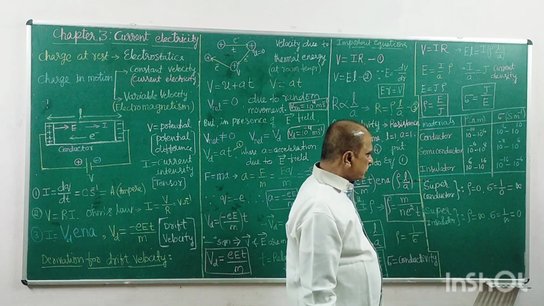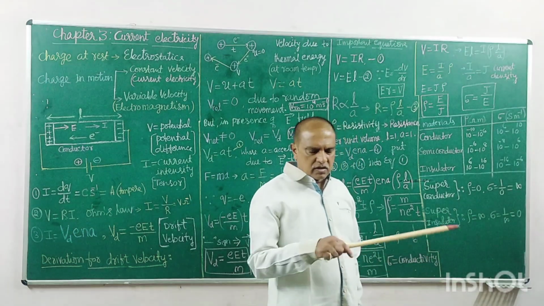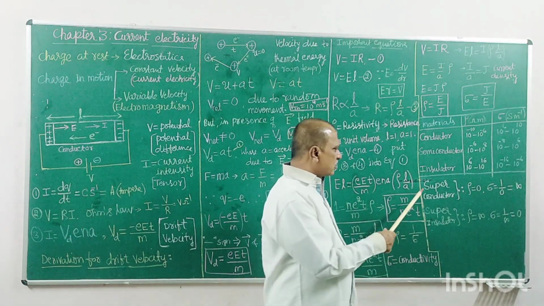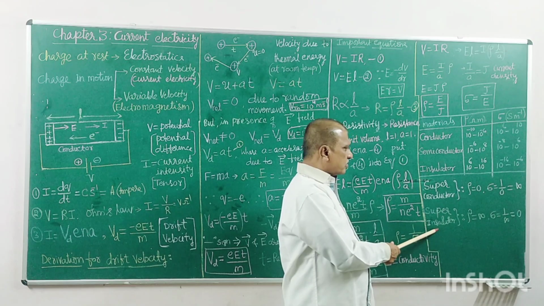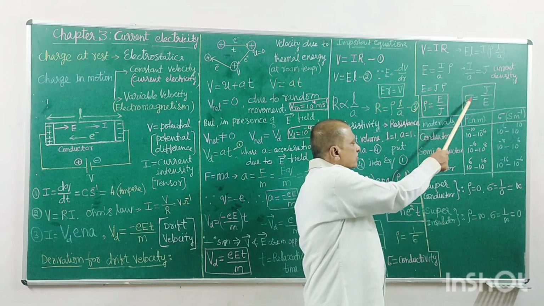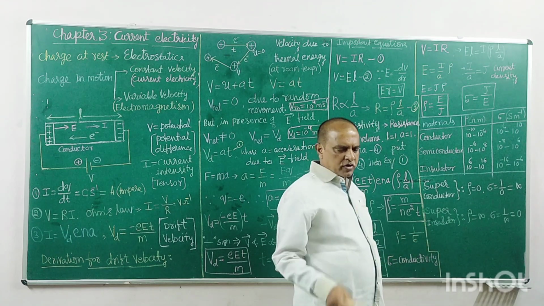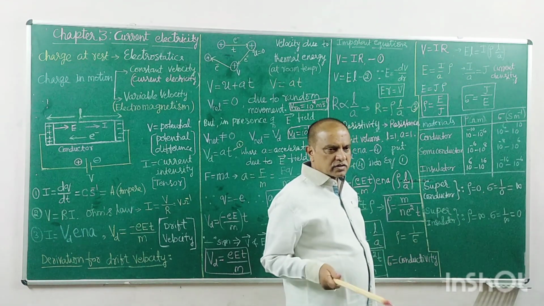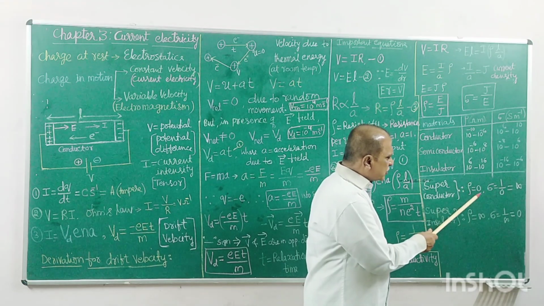And one more concept is very important: newer materials, from recent studies you come across, like superconductors and super insulators. On the basis of this, we have discovered, of course at very low temperature, in some materials or alloys, that the resistivity value is 0.